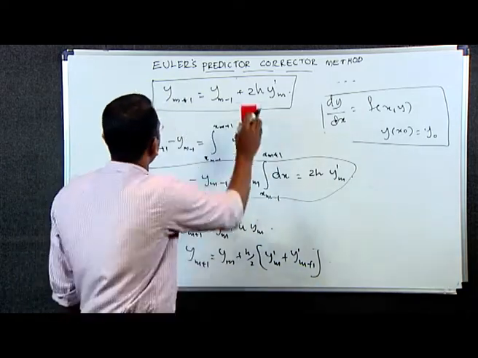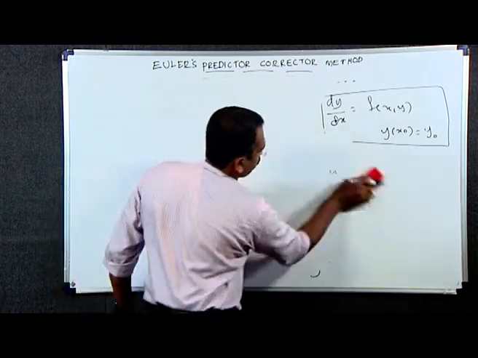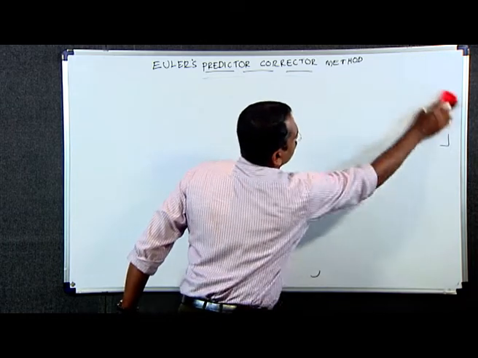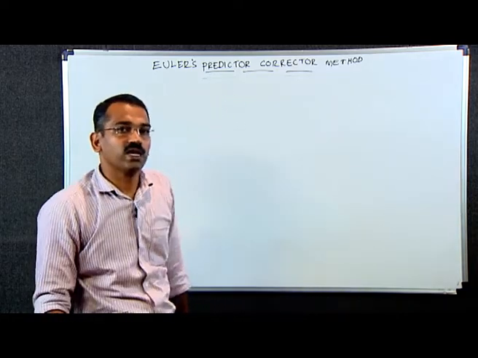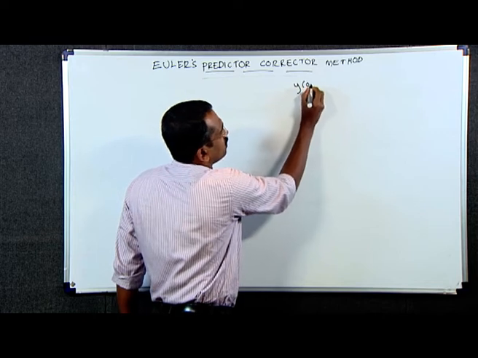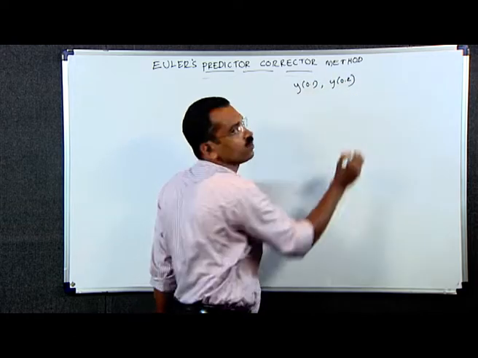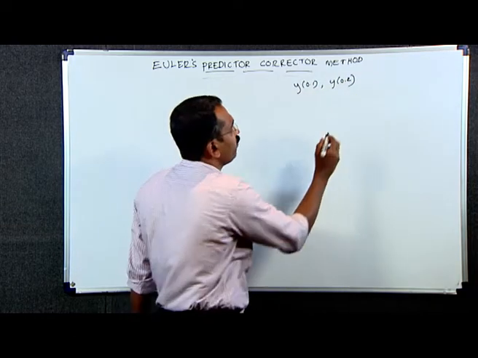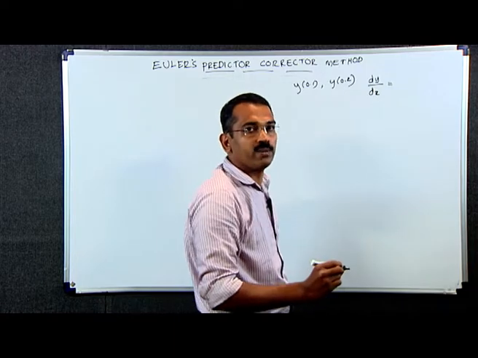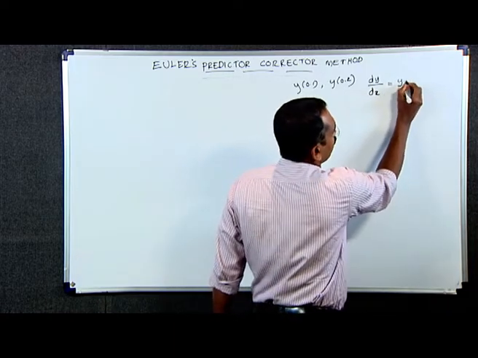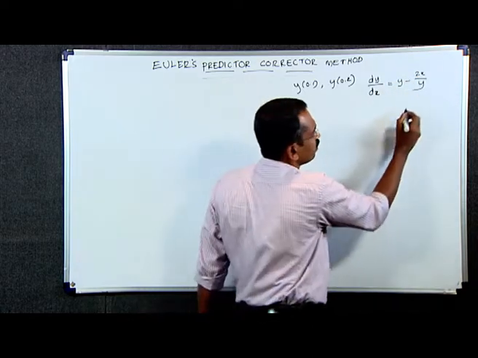Now, consider an example. Using this method, that is using Euler's predictor corrector method, find the value of y of 0.1 and y of 0.2, given that dy by dx is equal to y minus 2x divided by y, such that y of 0 is equal to 1.